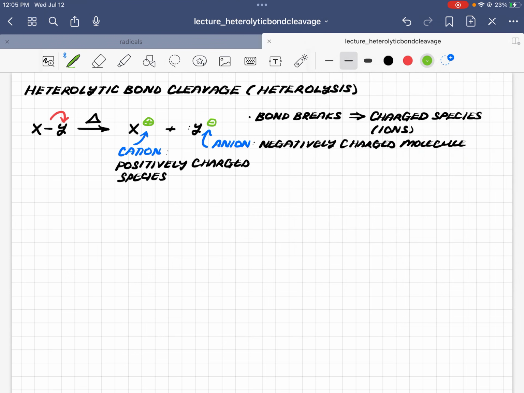Another important thing to note here is that we're using a double barbed arrow. So we have a double barbed arrow here.